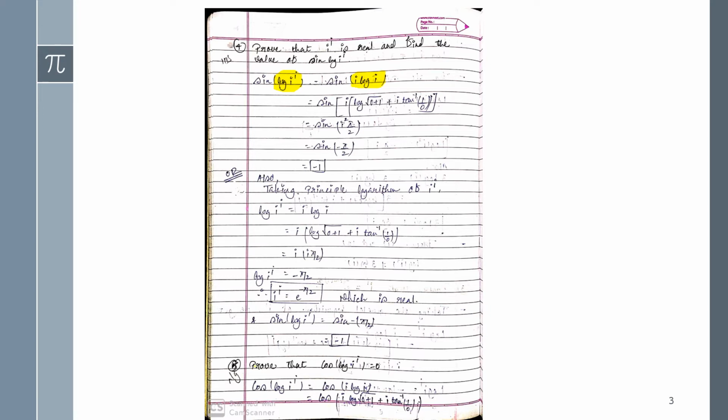Now sin stays as it is and i also stays as it is, and you know how we can solve the value of log i. Just a minute, guys, I'm giving some highlights of this. You have to solve the value of log i, and as we discussed in our previous session, mostly we will use the formula of the principal logarithm only. So the same I'm applying here.